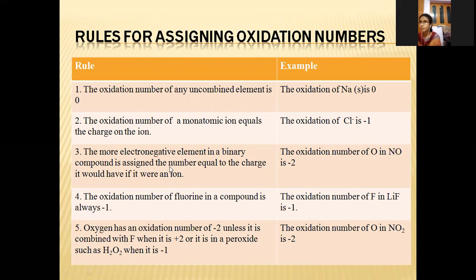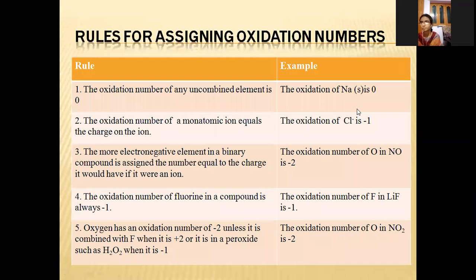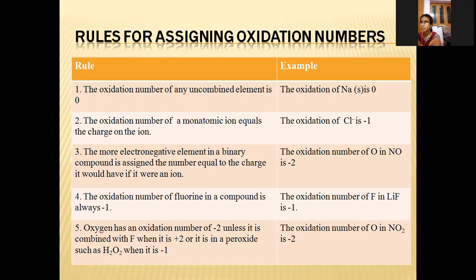So minus 1. The more electronegative element in a binary compound is assigned the number equal to the charge it would have as an anion. So the oxidation number of oxygen in nitric oxide is minus 2.